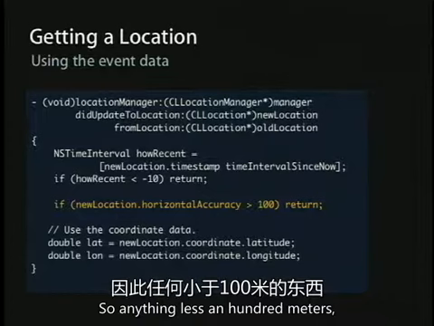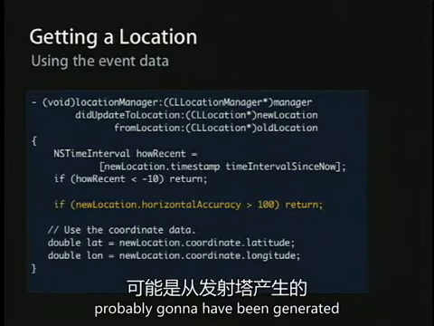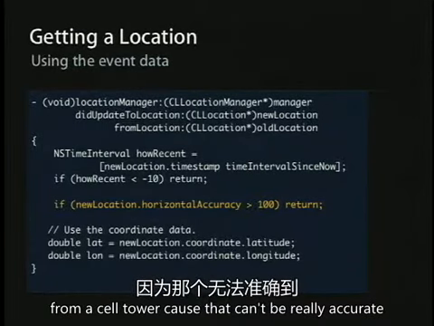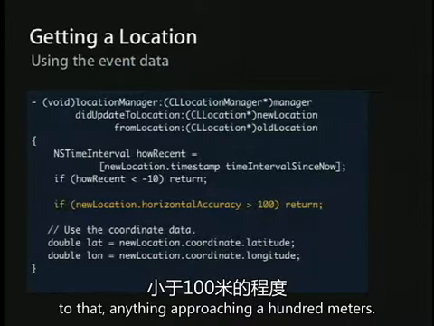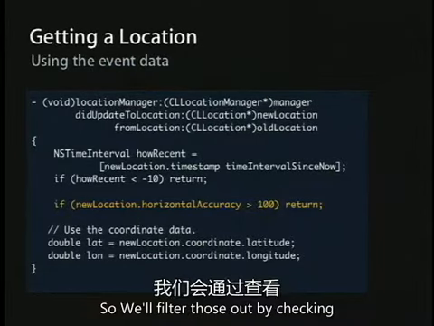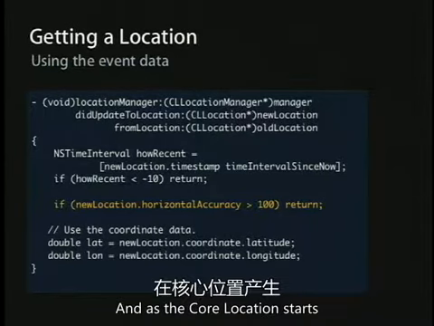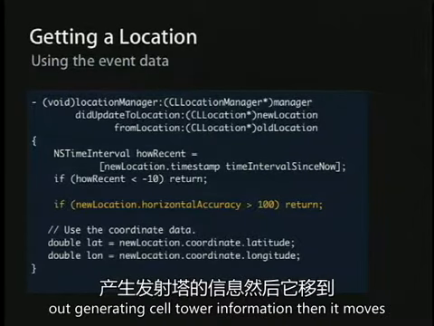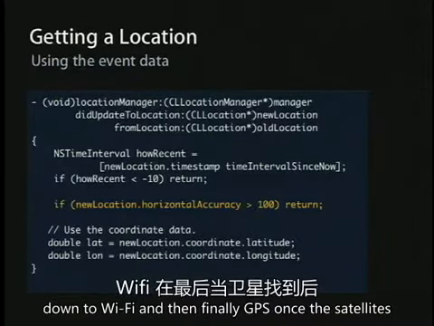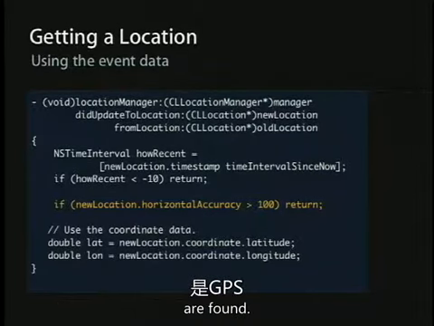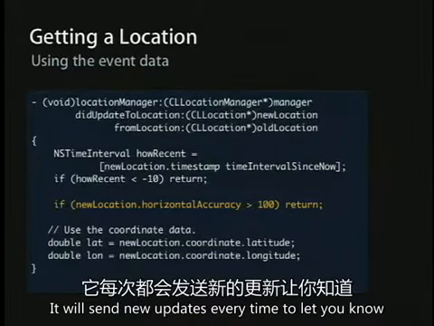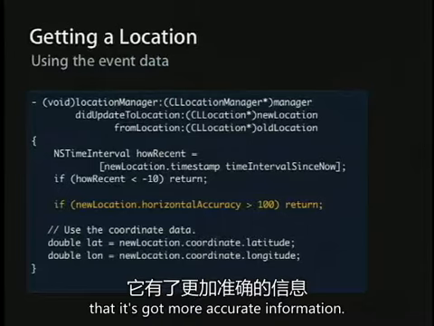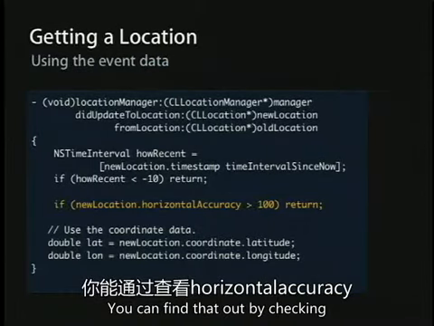So anything less than 100 meters is probably going to have been generated from a cell tower, because that can't really be accurate to anything approaching 100 meters. So we'll filter those out by checking the horizontal accuracy. As Core Location starts to generate more accurate information, it starts out generating cell tower information, then it moves down to Wi-Fi, and then finally GPS. Once the satellites are found, it'll send new updates every time to let you know that it's got more accurate information. You can find that out by checking the horizontal accuracy.